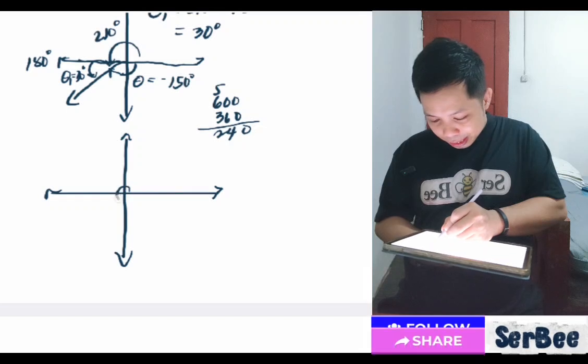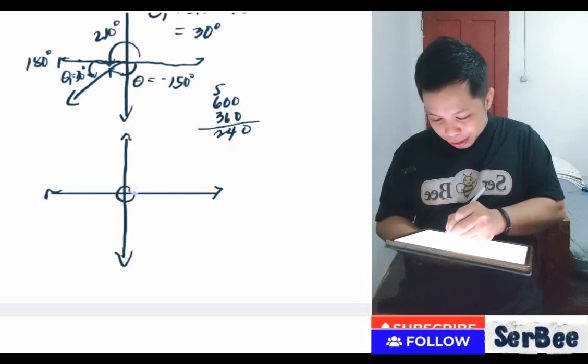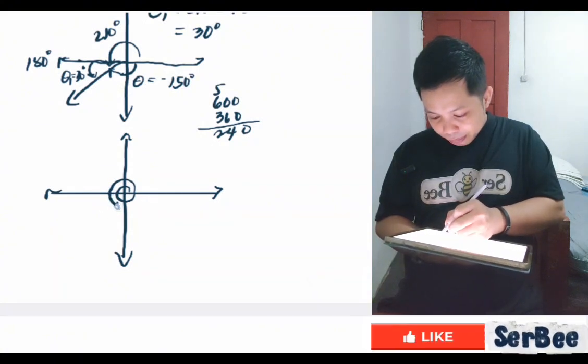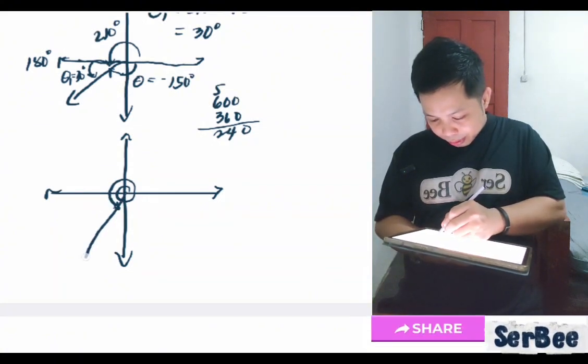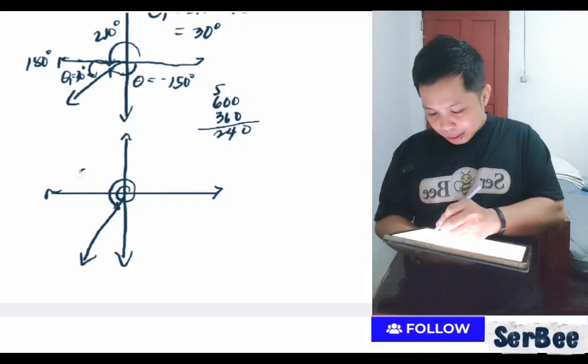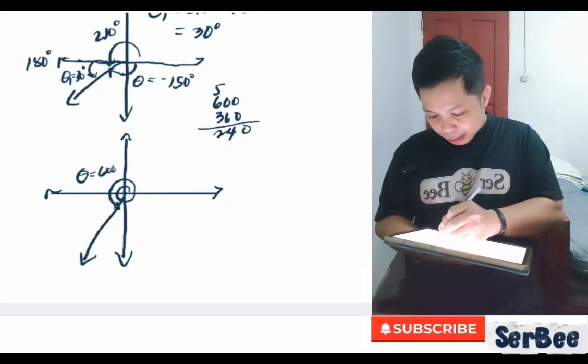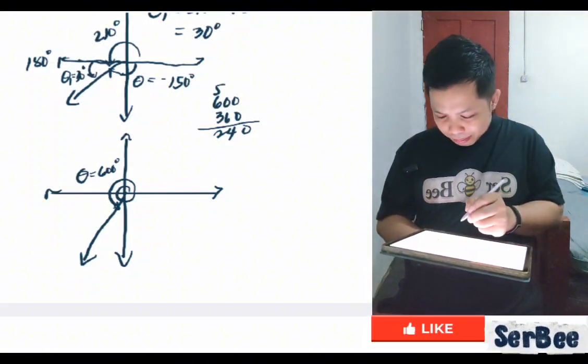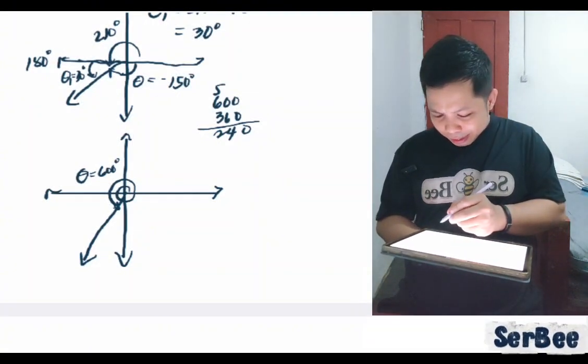So, ibig sabihin yung 600, ito, isang revolution, 360 yon, and another, then, dito siya. So, ito yung angle natin. So, this is angle 600 degrees, which is co-terminal to 240 degrees. Okay? So, asan yung reference angle?